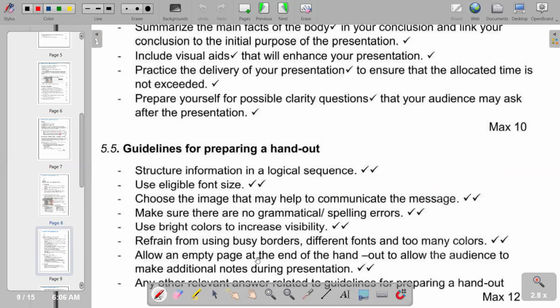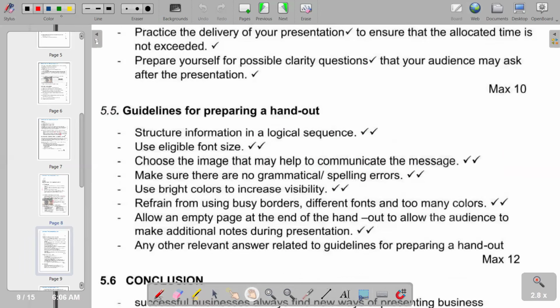We have them listed, whereby the first one is structure information in a logical sequence. Use a legible font size. Choose images that may help to communicate the message. Make sure there are no grammatical or spelling errors, and use bright colors to increase visibility. We have further points that we can also include in terms of guidelines for preparing a handout.